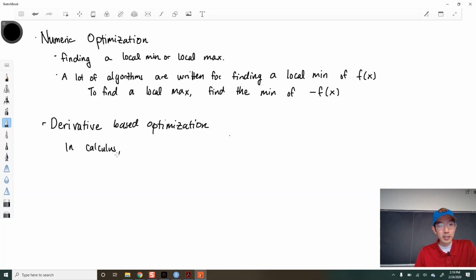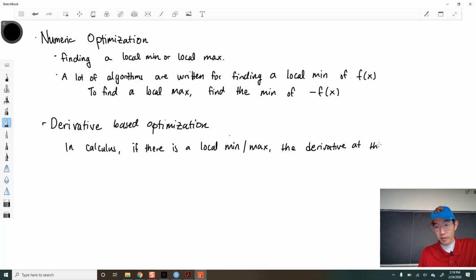Equal to 0. So if there's a local min or local max, the derivative at this location equals 0. We just apply this to find local mins and local maxes.